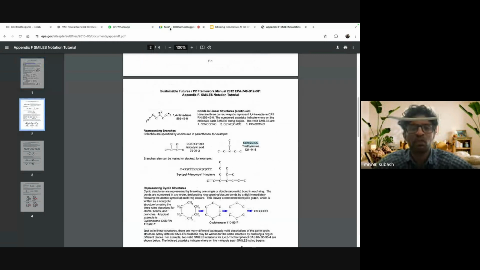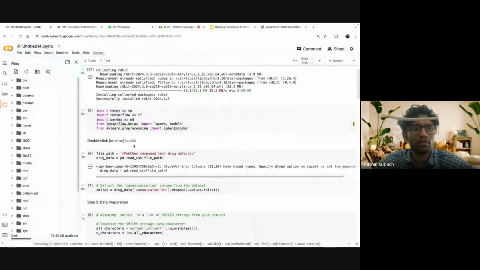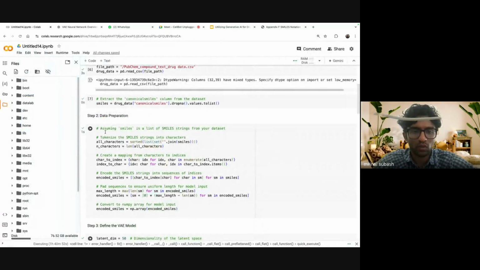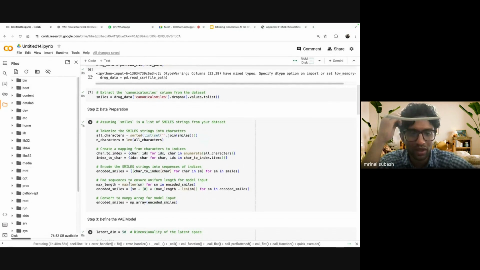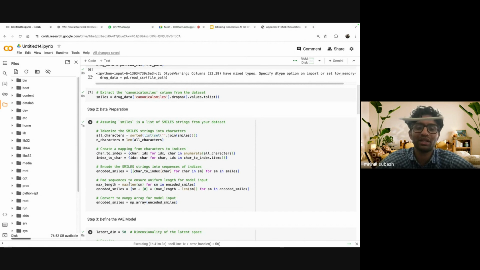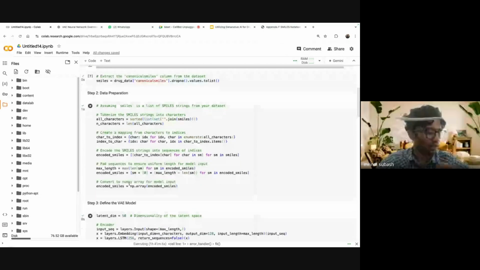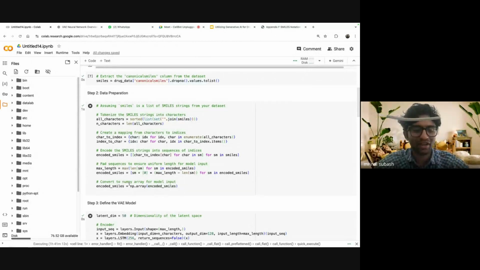So here is where I'm preparing the data set, where I'm creating an array using only the encoded SMILES. Because we are using something called a VAE, a variational autoencoder.